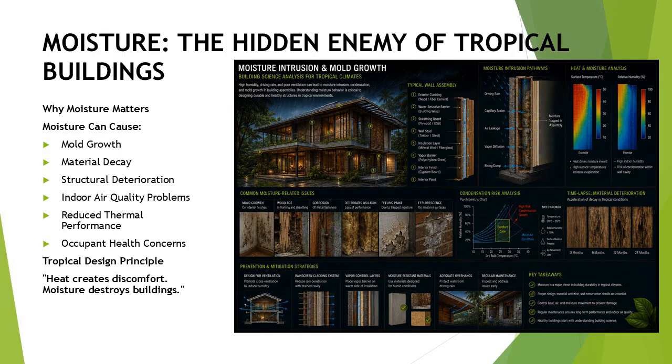This means architects must think about moisture constantly. Every design decision should consider how water enters, how water leaves, how the building dries, and buildings that cannot dry eventually fail. Understanding moisture is therefore one of the most important responsibilities of tropical architects.